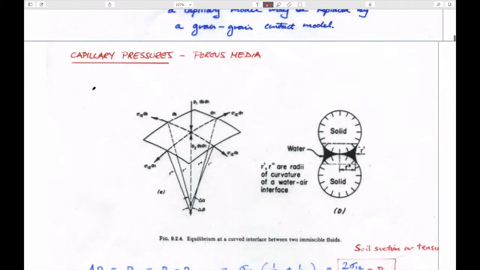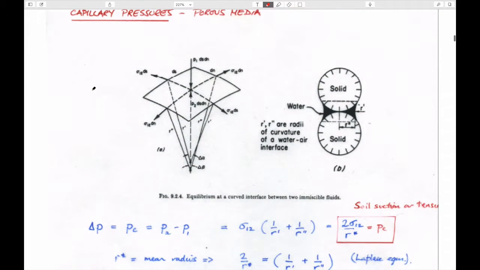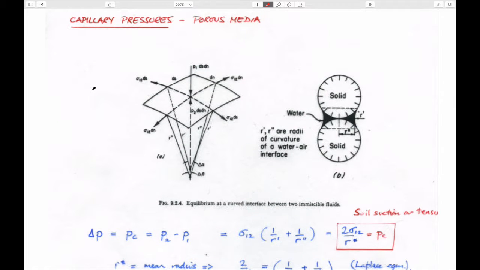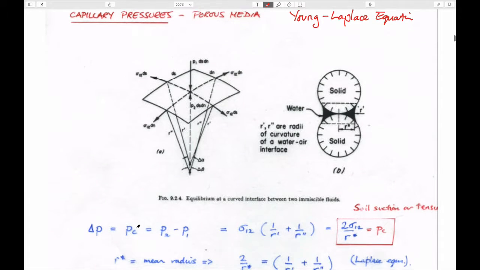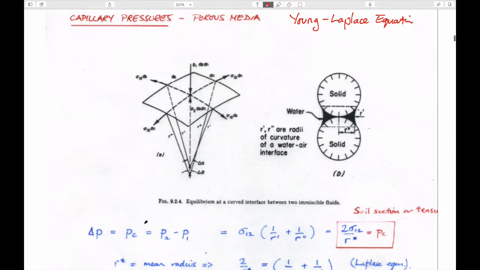Okay. There's a different way you can think about this, and we won't use this very often. But this relationship called the Young-Laplace equation, only to make the point that if we wanted to, instead of thinking of a bundle of capillaries, which are all held parallel to each other and have this height rise of the fluid up inside them, we could think about a whole bunch of grains.